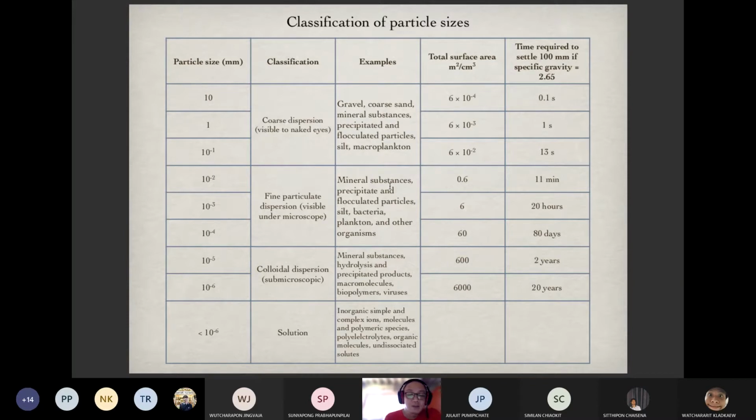microorganisms. The size of these particles ranges from 10 to the power of -2 millimeters to 10 to the power of -4 millimeters. This one, 10 to the power of -3 millimeters, or 10 to the power of -6 meters, is the micro size, micron, bacteria.